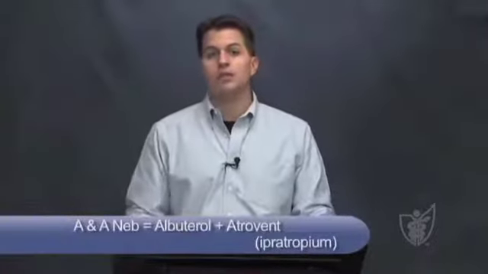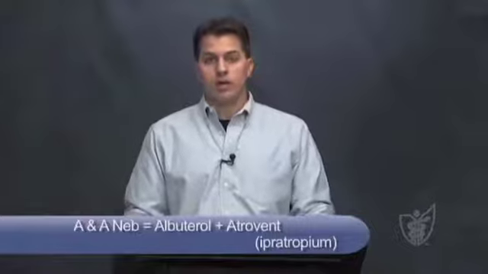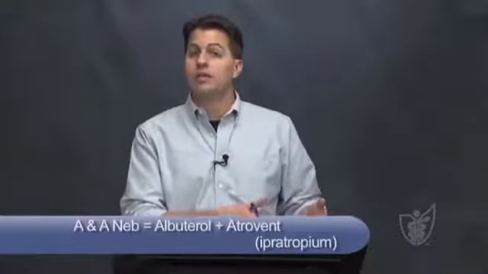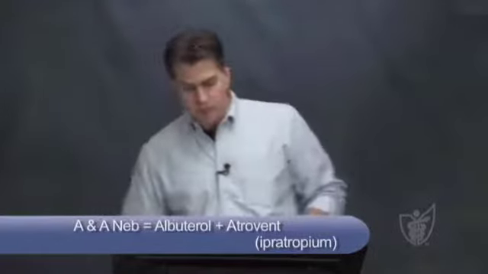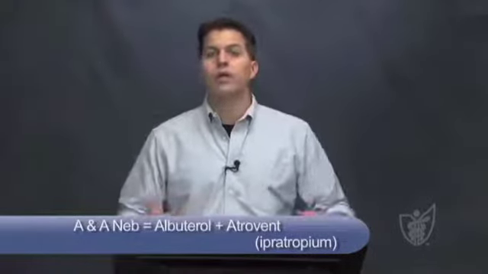Is this used as a rescue medication? Yes. Ipratropium is commonly given with albuterol in the acute treatment of an asthma exacerbation. That may be something worth noting. But you don't give it by itself, you give it with albuterol or levalbuterol. In some patients, ipratropium can be given long-term, more regularly scheduled dosing.